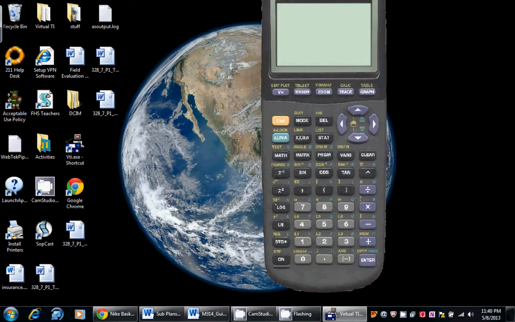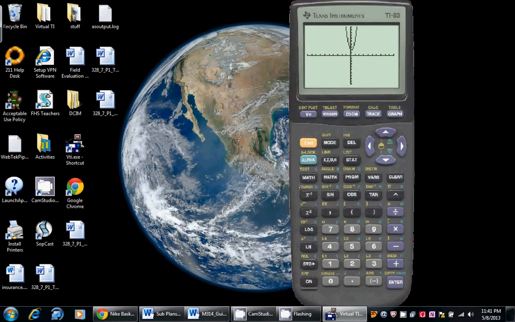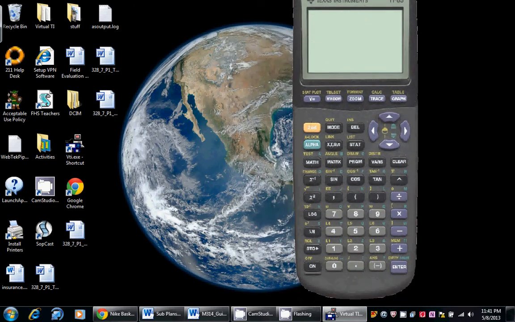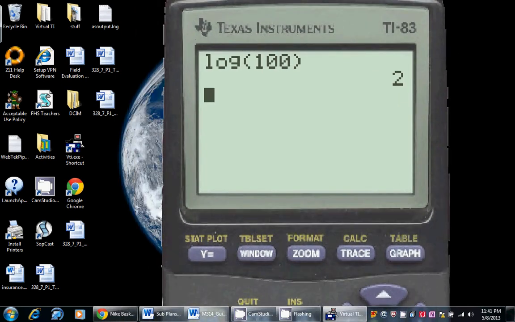The log button is down here to the left, right next to the 7, right beneath the squared key. I'm going to turn mine on and type in the log. A parentheses is going to pop up, 100, close parentheses, hit enter. The log of 100 gets you 2, and that's because 10 squared equals 100.